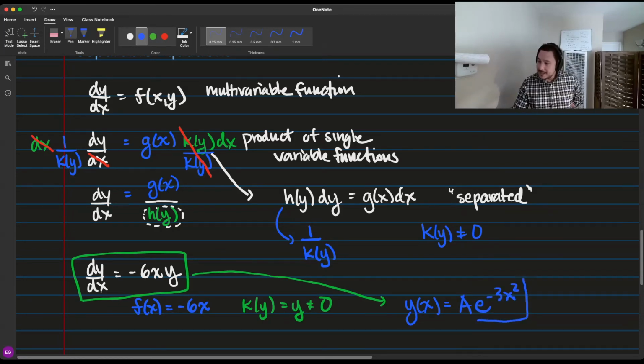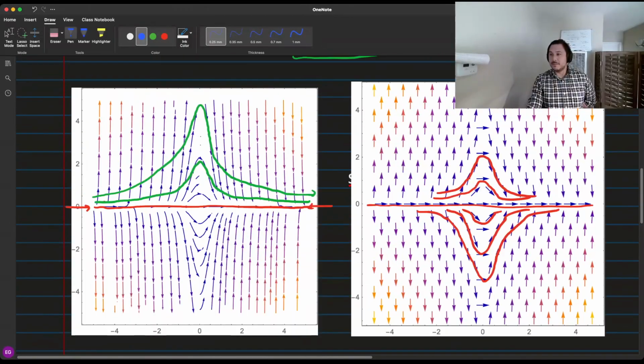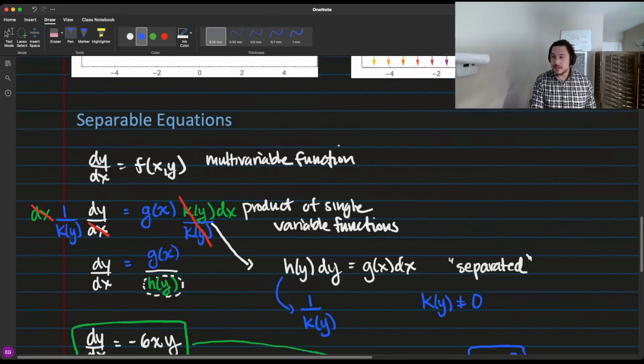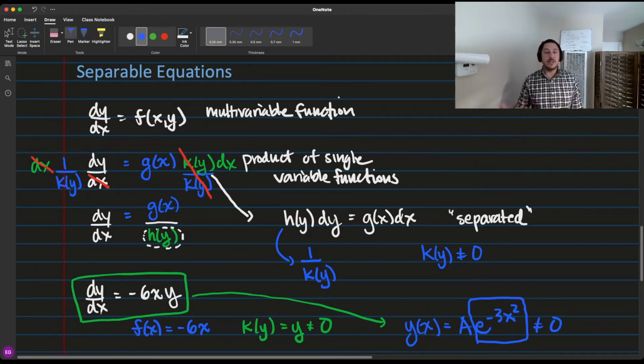E to the anything can never be equal to 0. You have a horizontal asymptote at 0, and you can see that in the vector plot. Remember, you have that horizontal line at y equals 0. You never get a solution that passes through there. Remember how we talked about that being the boundary between the different solutions? So this gives you a quick way of checking what you need to rule out particular solutions. Making sense? Questions on that idea?